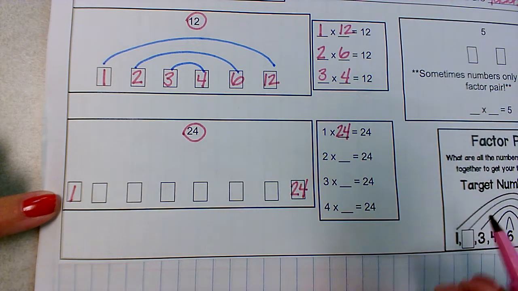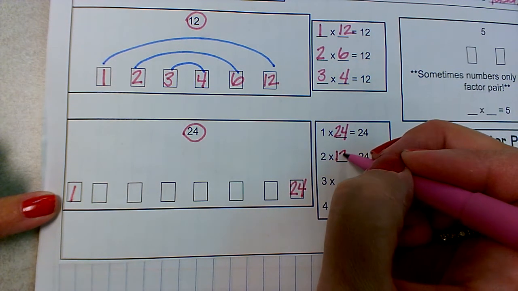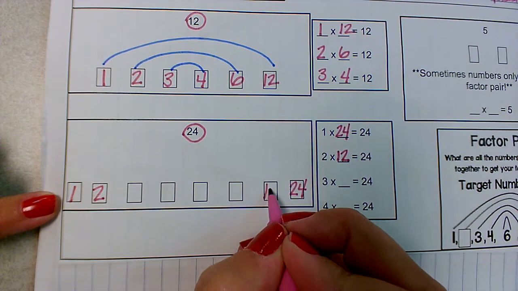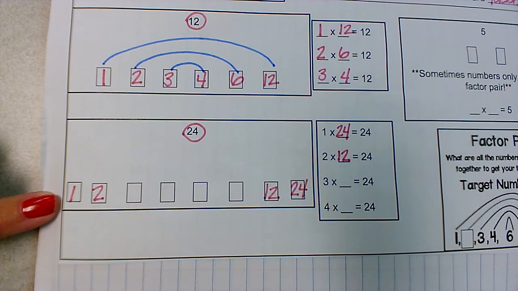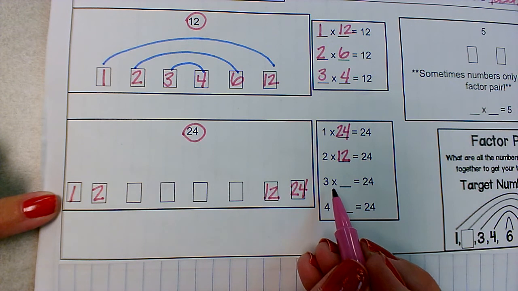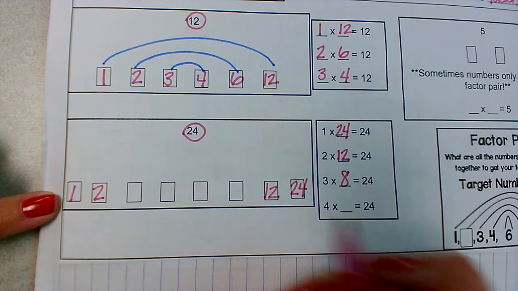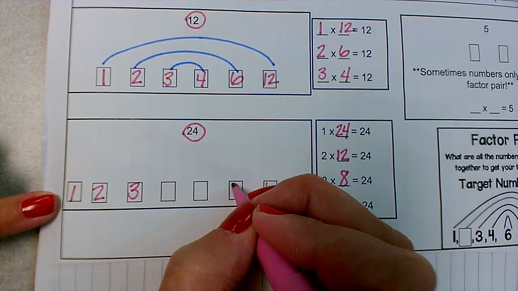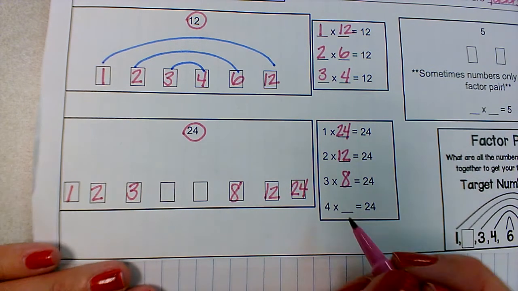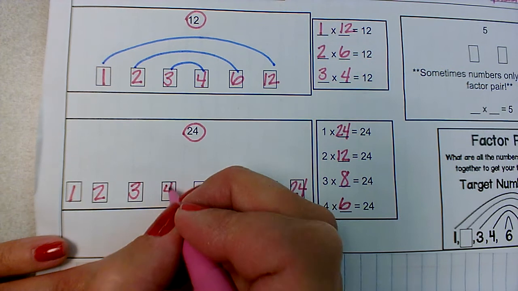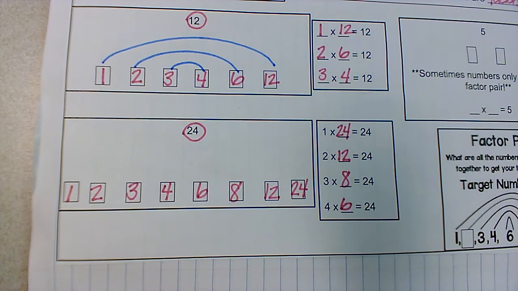Next, I know that 2 times something, and that's 12, equals 24. 2 times 12 go together. Then 3 times, if you said 8, you're right, that equals 24. And there's one more factor pair, and that's 4 times 6 equals 24. I put that in my factor rainbow.